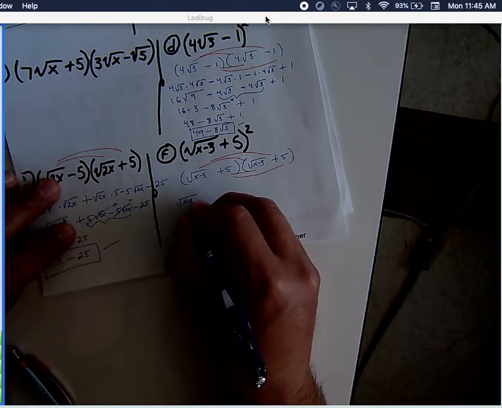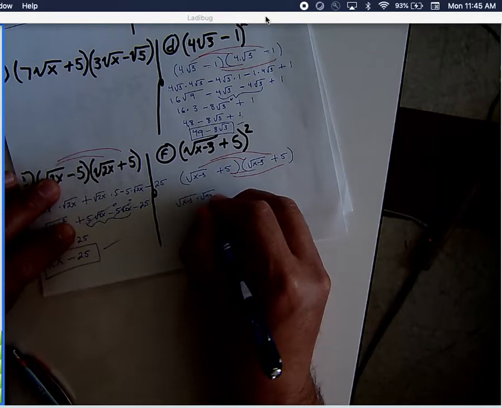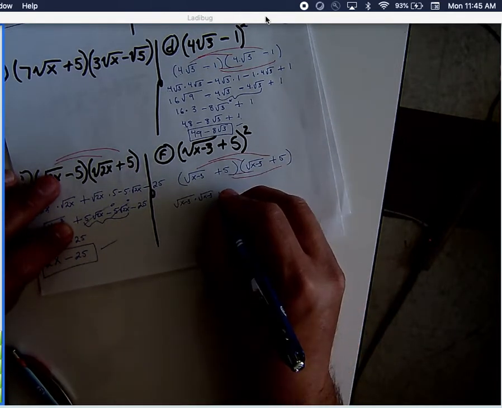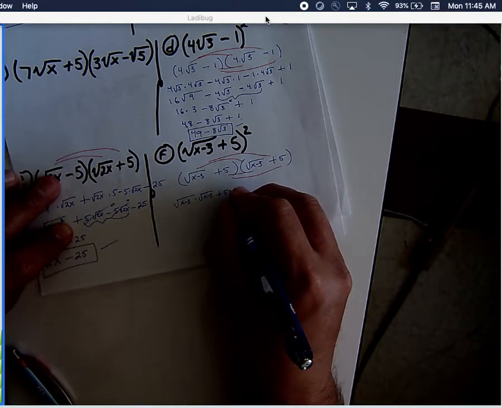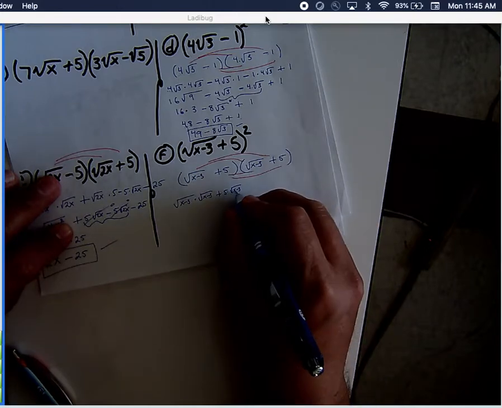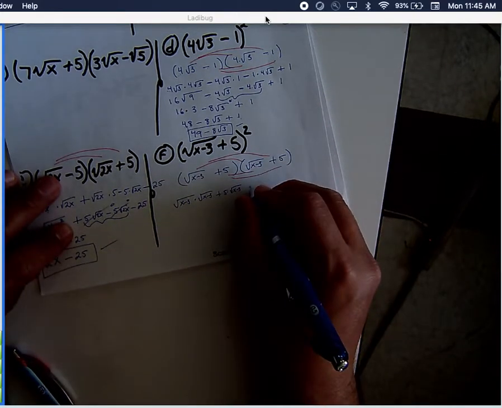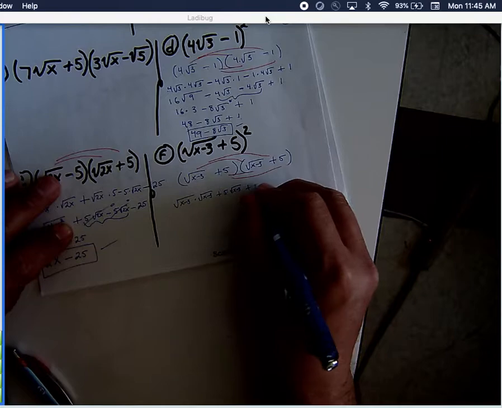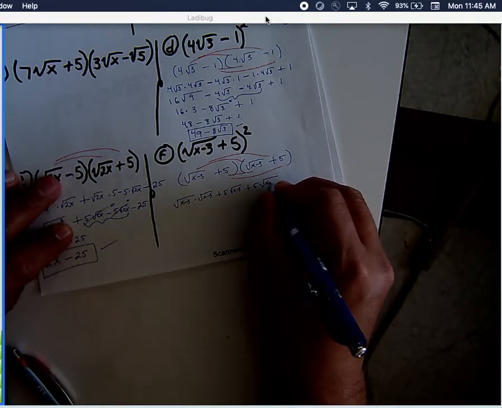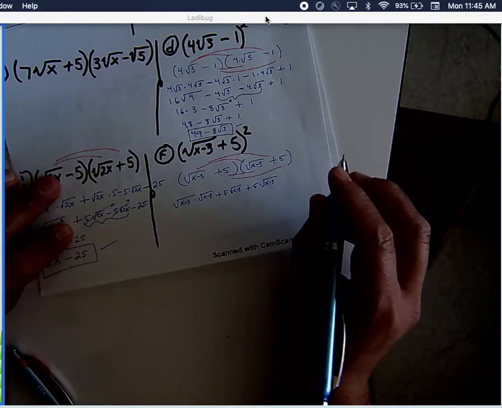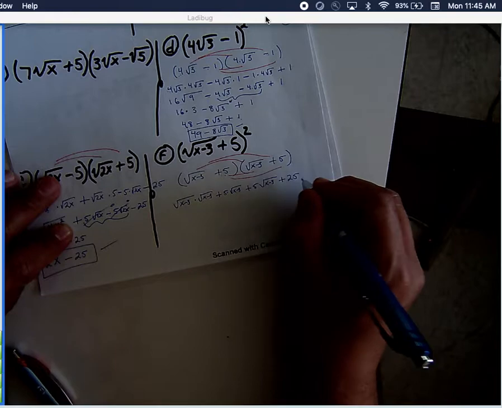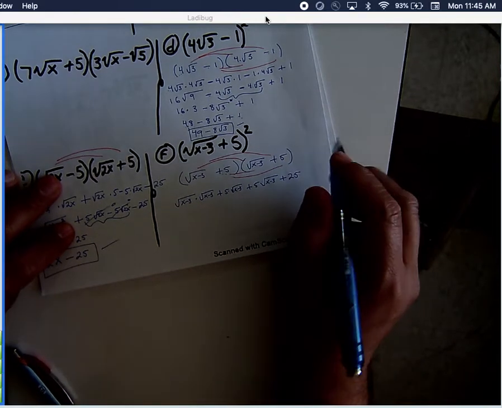X minus 3 times square root of x minus 3. Positive, positive, so plus 5 times x square root of x minus 3. I kind of flipped it. Positive, positive, so 5 times x minus 3, square root of x minus 3. And then 5 times 5. Everything here is positive. So we don't have to worry about the signs.